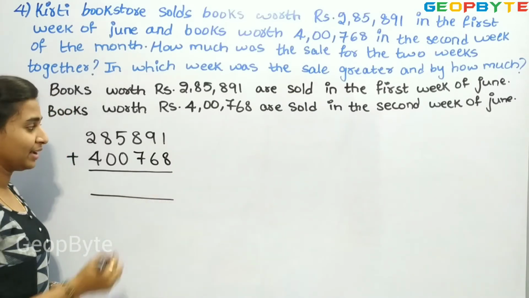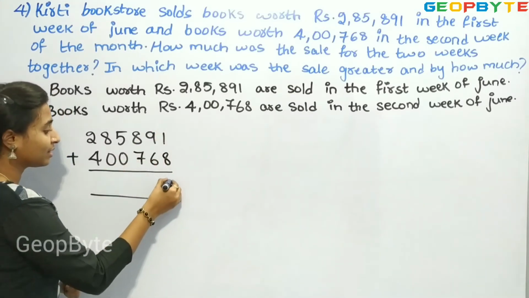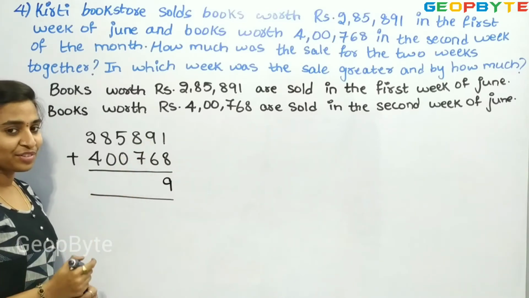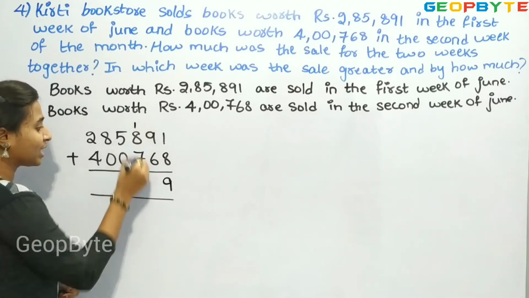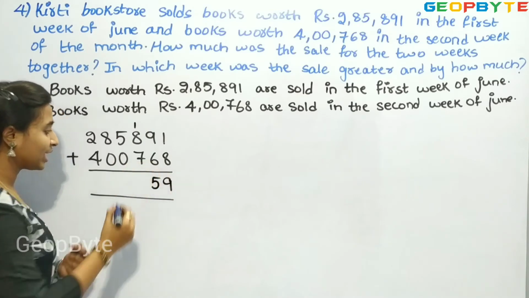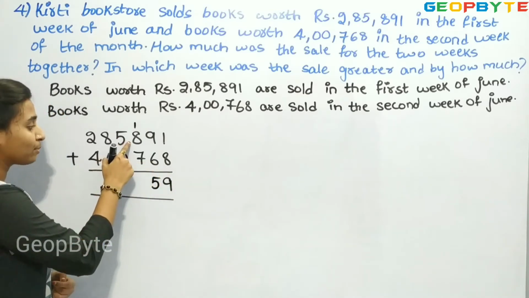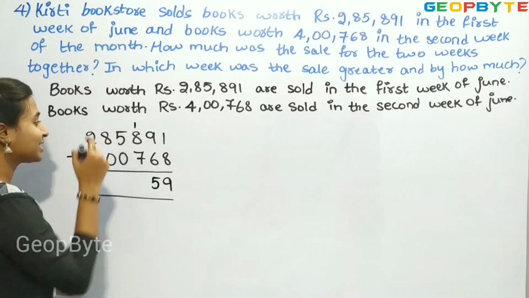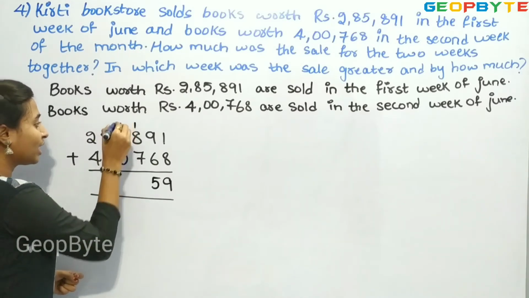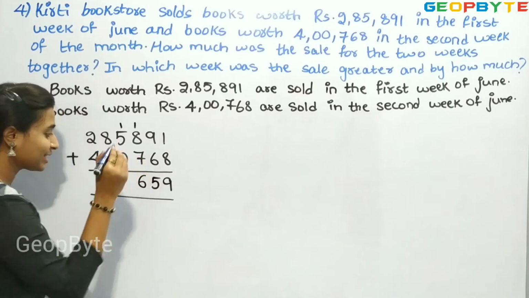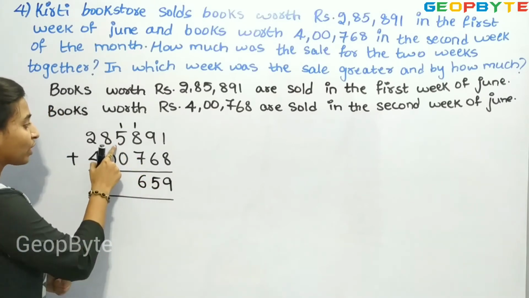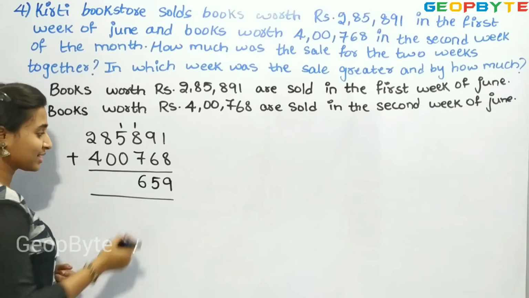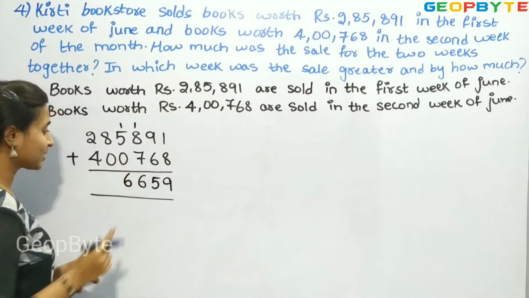Now let us add. 1 plus 8, 9. 9 plus 6, 15, carry 1 here and write 5 here. Now 8 plus 7 is 15 plus 1, 16. So carry the 1 here and write 6 here. Now 5 plus 1, 6. 6 plus 0, 6. Let us write 6.